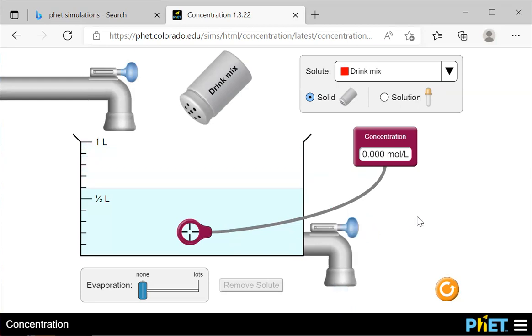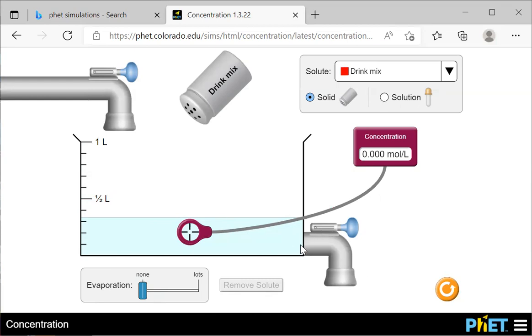The other way in which we can reduce the volume of the solution is by evaporation of our solvent. And you can see here that we have in the bottom of the container an evaporation slide bar that when we move it from left to right, we can reduce the volume of our solvent inside of the solution.